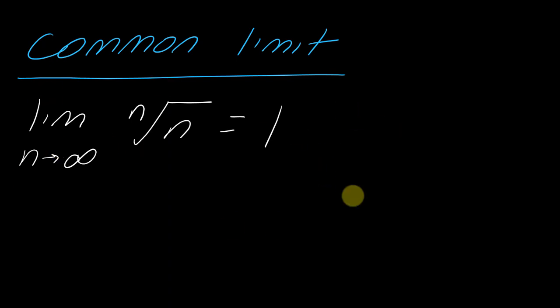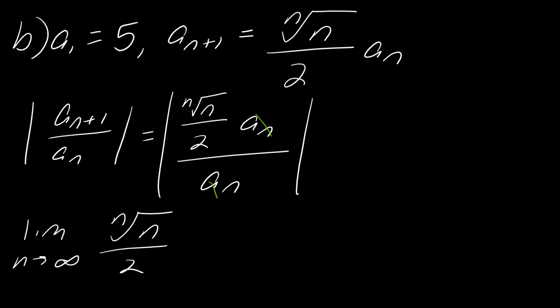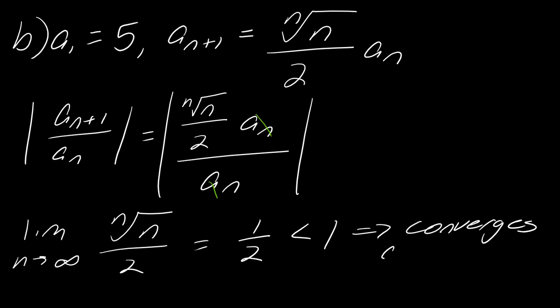When I teach this course, I talk about a list of common limits, so this is just something we know. You could also use L'Hopital's rule to get there, but in this case, I'm just going to say this is a common limit. So I know that this limit is going to come out to 1 over 2. That is also less than 1. So that means that this series also converges absolutely.